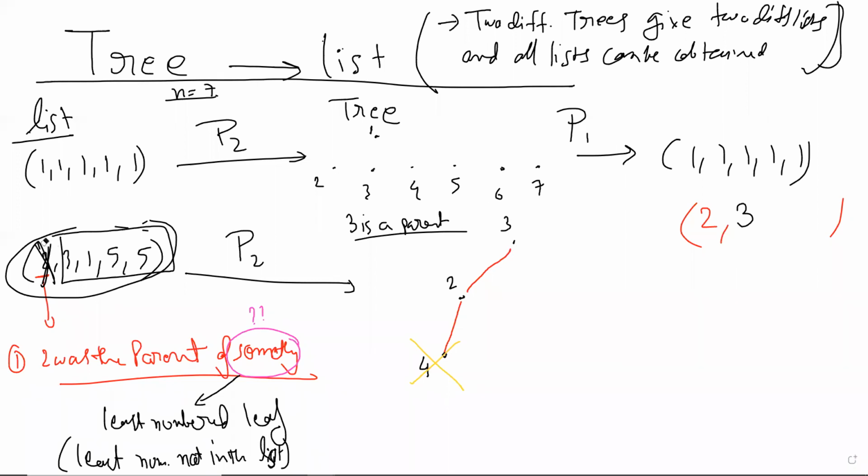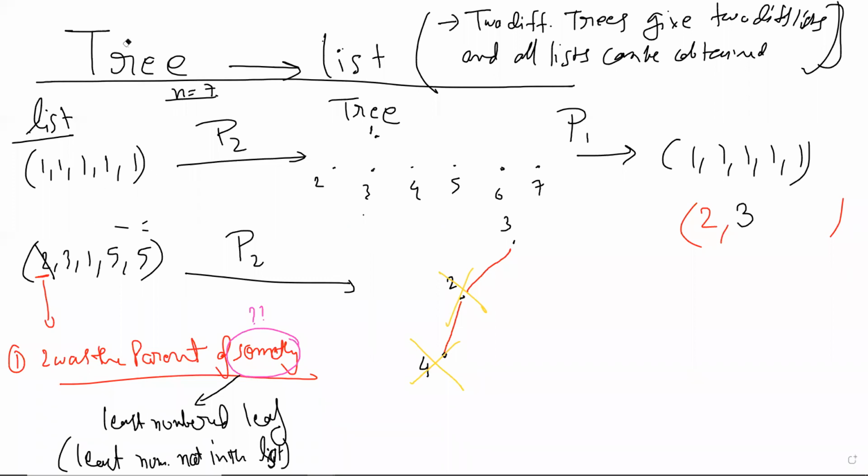Let's just quickly do this. Now 2 is not a part of our tree. That's how we were writing the code. So 1 is now the parent of something, because now we come to 1.